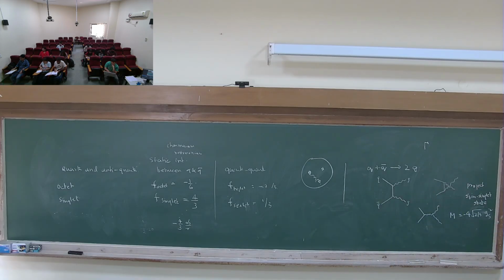J psi. You remember that one? What were its quantum numbers? It's the main production channel for E plus E minus to produce Charmonium. So if it's an E plus E minus collision, it can produce a virtual photon. And what are the quantum numbers of a photon? J P. 1 minus. No, minus 1. 1 minus.